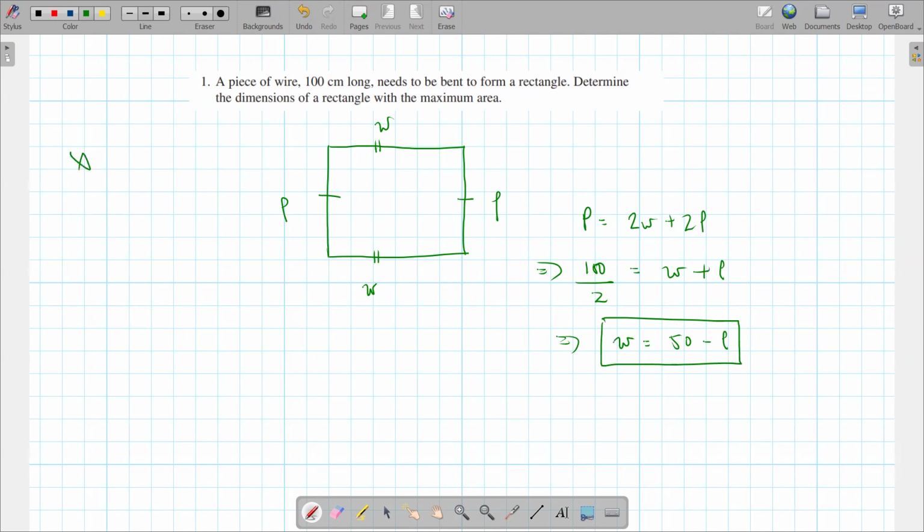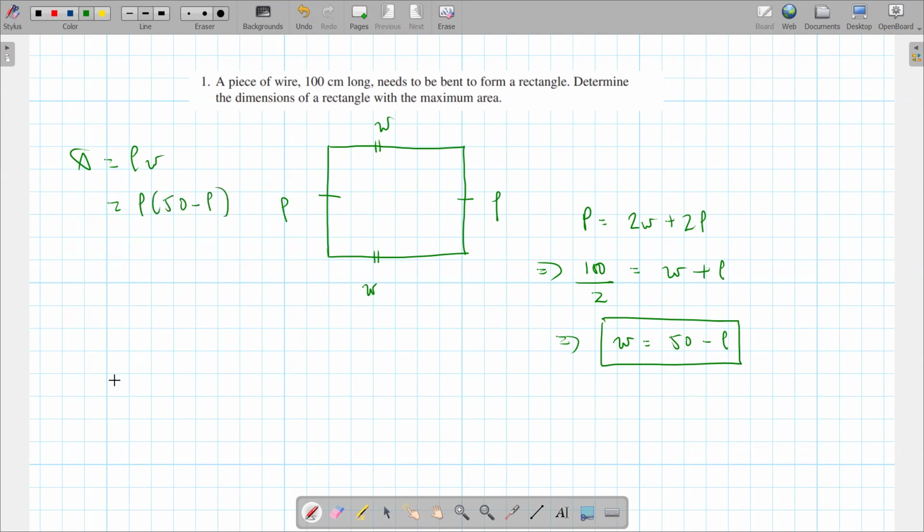In terms of L and W, what is the area of this rectangle? LW. Now we know what W is in terms of L, because right now we have 2 variables, very difficult to work with. Ideally, we only want 1 variable. So I'm going to do a quick substitution, replacing W with 50 minus L. This becomes L times (50 minus L).